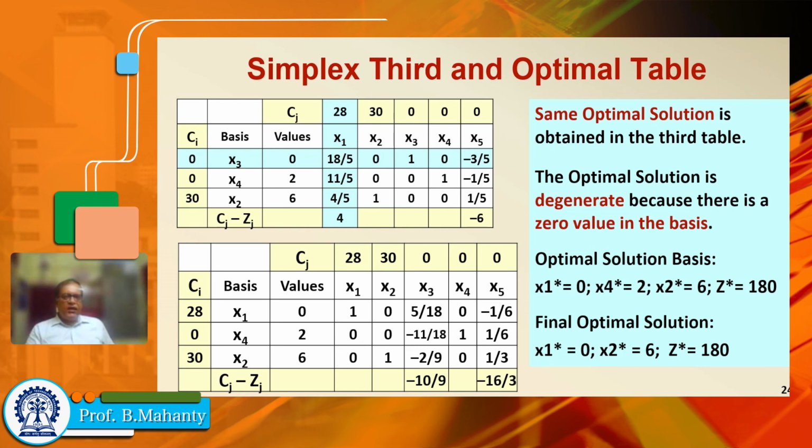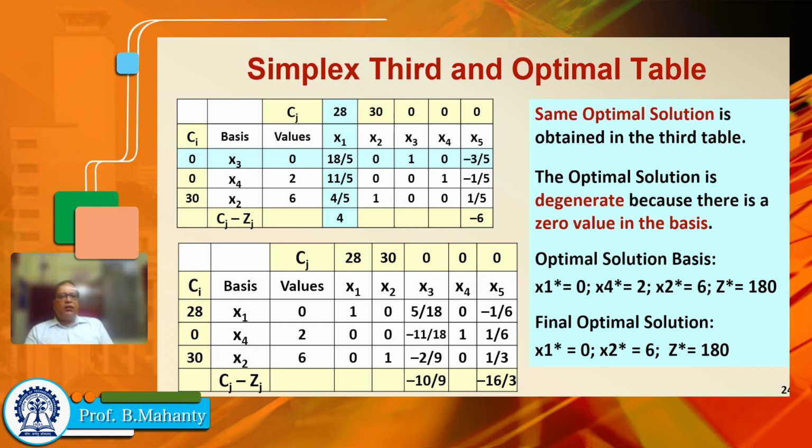So a very interesting thing has happened, and that is the basis for understanding degeneracy, right? There is a 0 value in the basis, and there is some specific understanding about it. What is that understanding? We shall see a little later when we talk about degeneracy. But at this point, let us complete the problem.